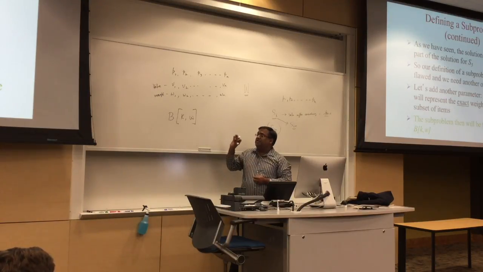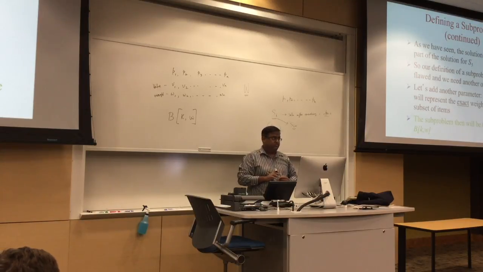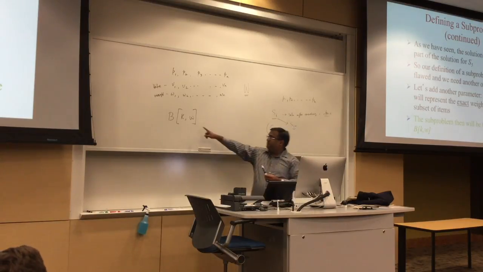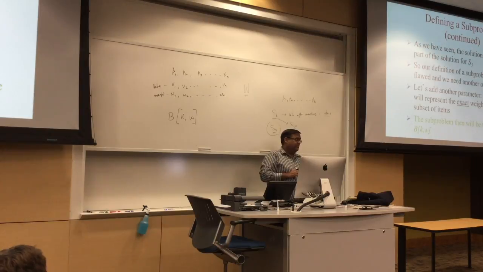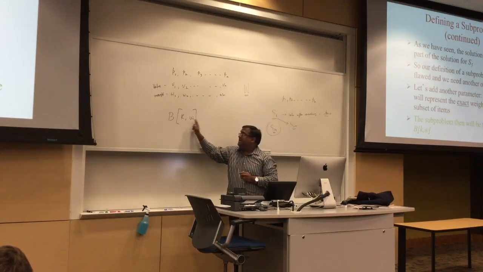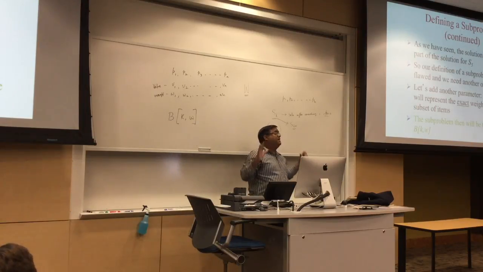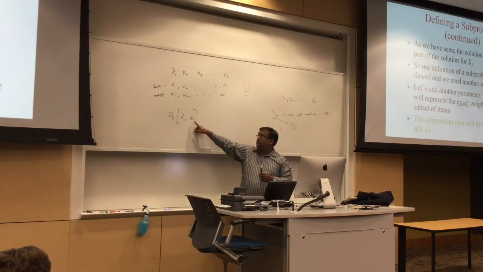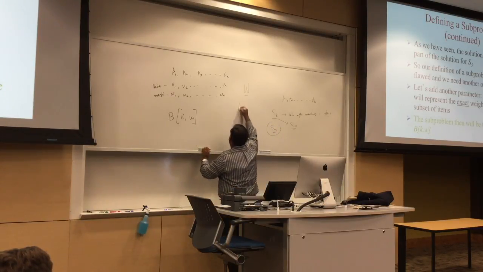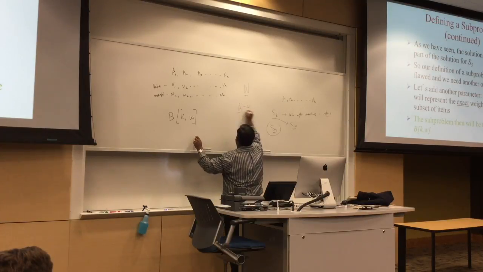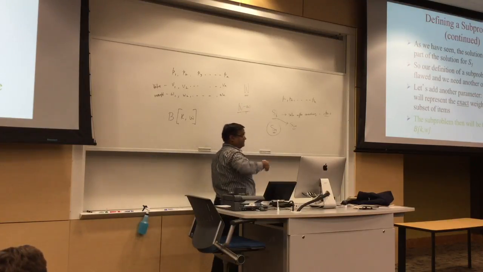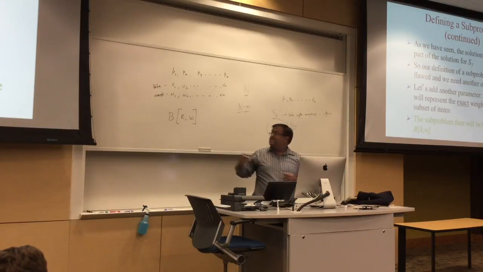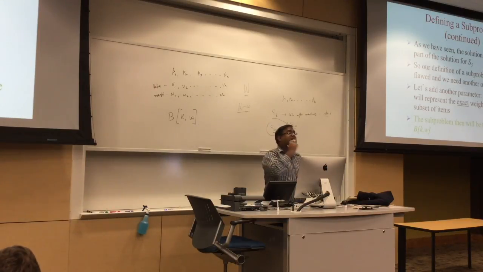Now, if I want to consider the next item, would this help? I've considered k items so far, and B[k, W] represents the maximum benefit that I can get by considering k items, having used up the weight W. I still have big W minus this W weight to fill, and still have the maximum benefit that I want to get. Can this help? Yes, it can.